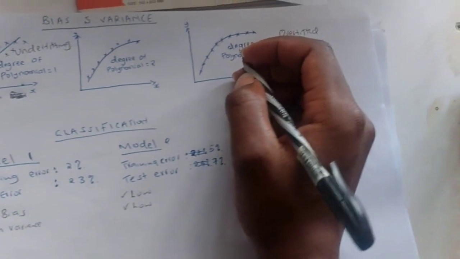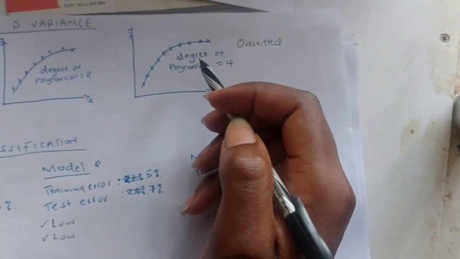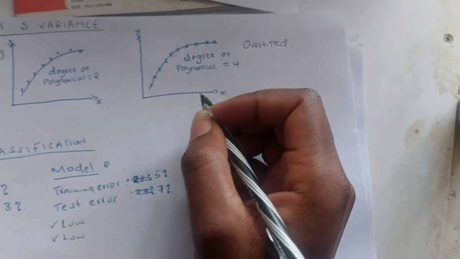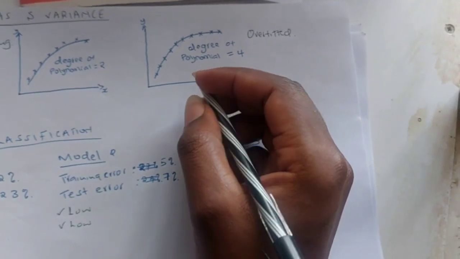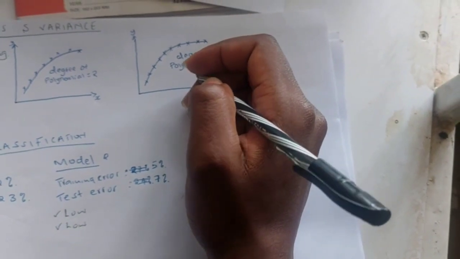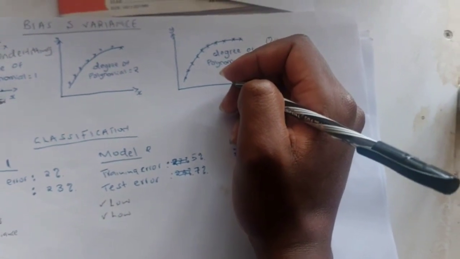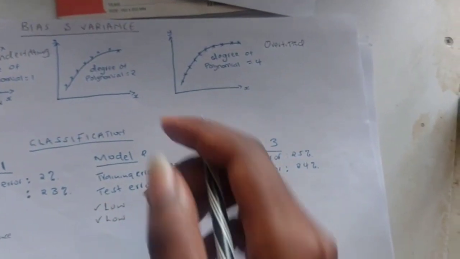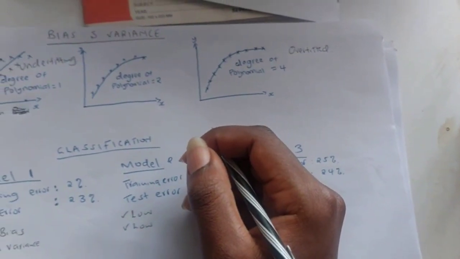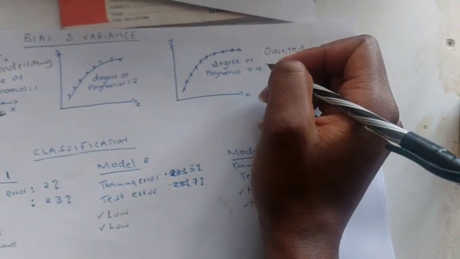Let's go to the fourth one. We have said that this diagram is with respect to the training dataset, and as you can see each point is exactly fitted to the line. In other words, when our model is performing very good in the training dataset, we will say that this condition is overfitted.